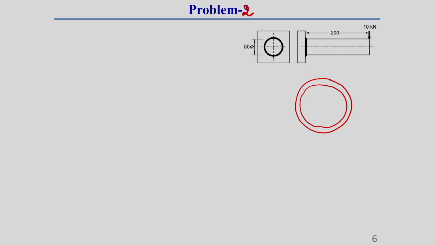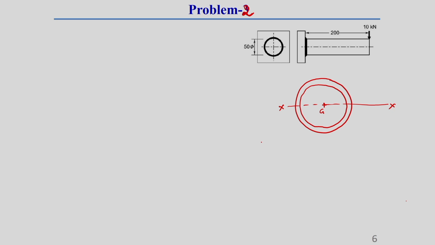This is the main step of this type of problem. This is our x axis. Now, consider an elemental section. This is the center of this shaft, or you can say this is the CG of this weld, that means the circular weld. So here I am going to show how to find out the Ixx.